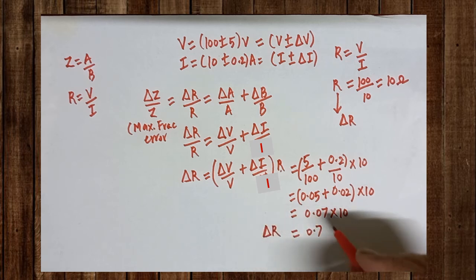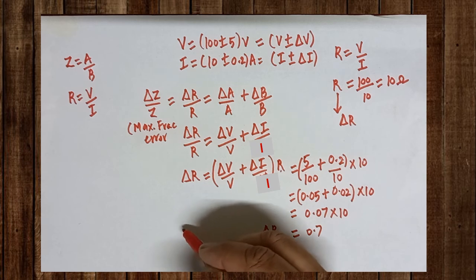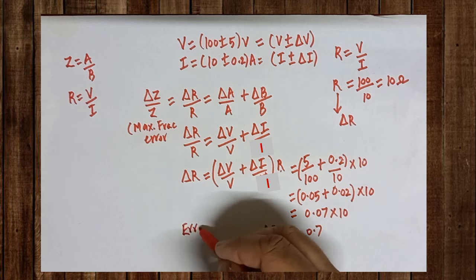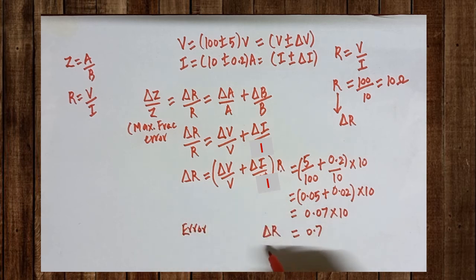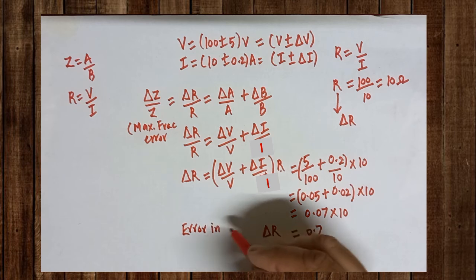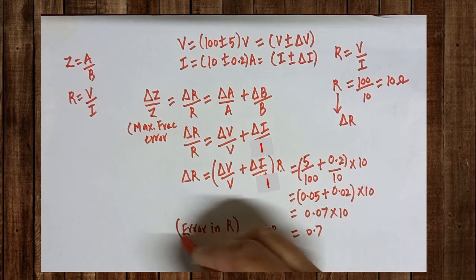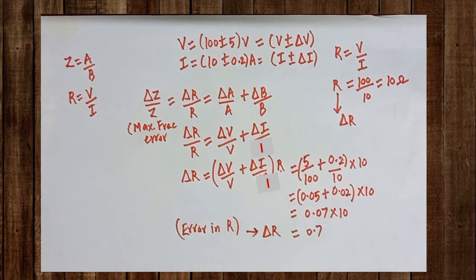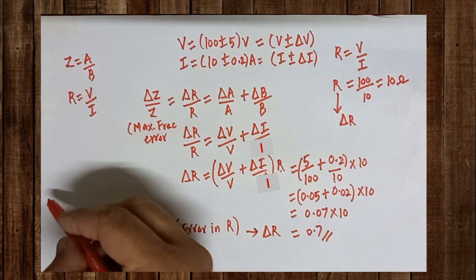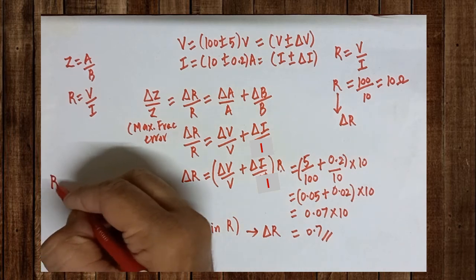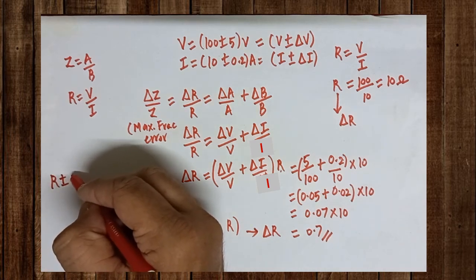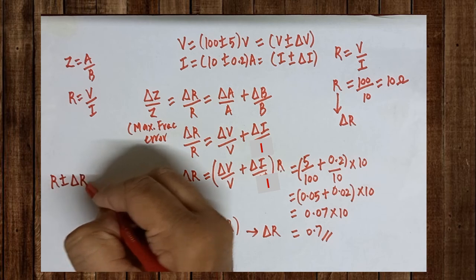Del R. Del R is called error. What is the actual meaning? You should know why the error is found out. Here R plus or minus del R must be written, only then you can understand the meaning.